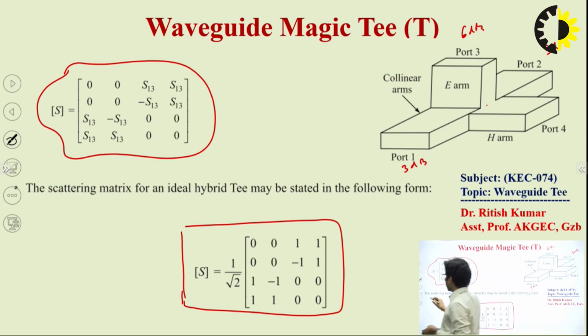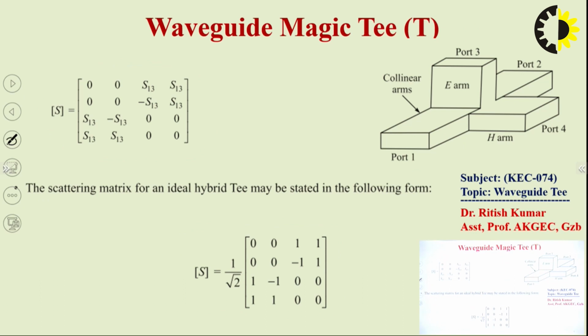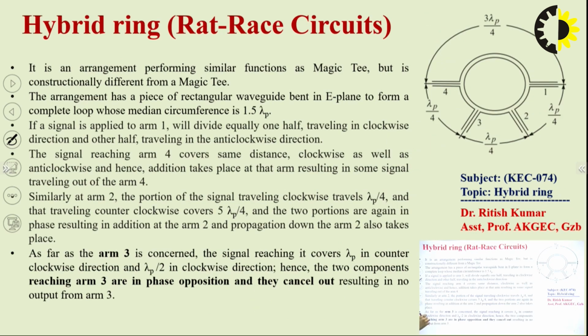Now the next one is the hybrid ring. So this is the structure of the hybrid ring. This is a 4-port device: port number 1, port number 2, port number 3 and port number 4.